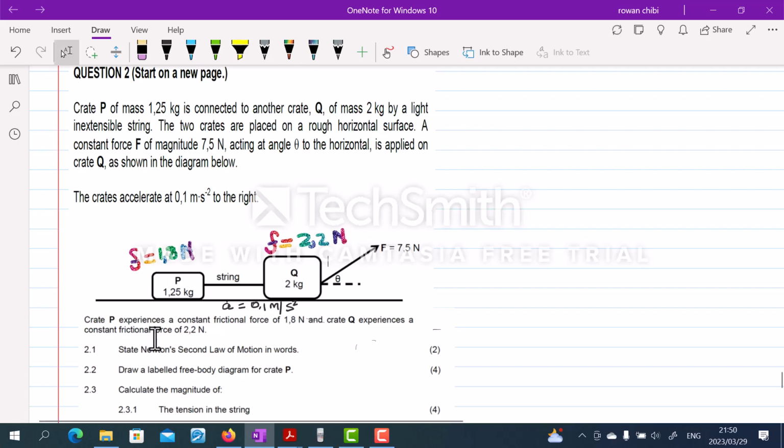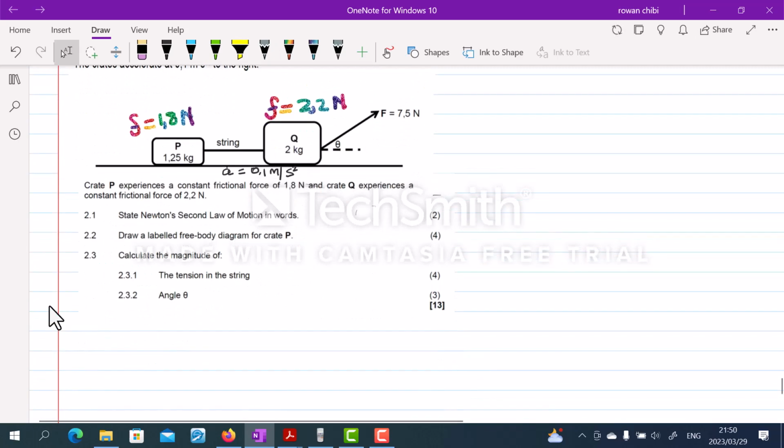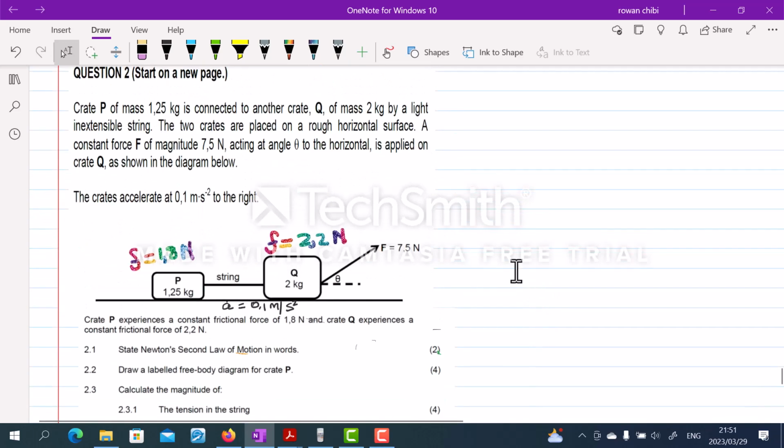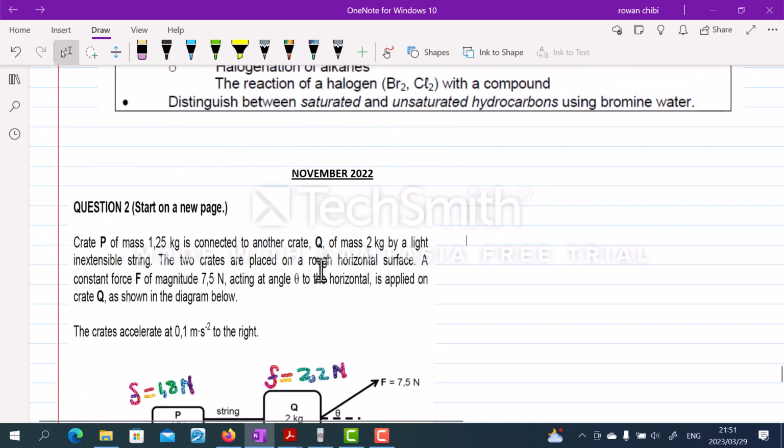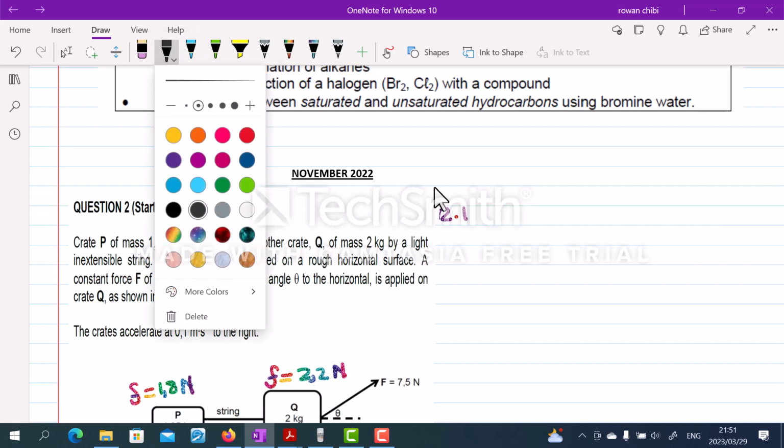And then the question says state Newton's second law of motion in words. That is 2 marks. So you know the definition of Newton's second law. Okay, let me change the color. Newton's second law, you don't have to stress yourself. You can just say the acceleration is directly proportional to the force and inversely proportional to the mass.